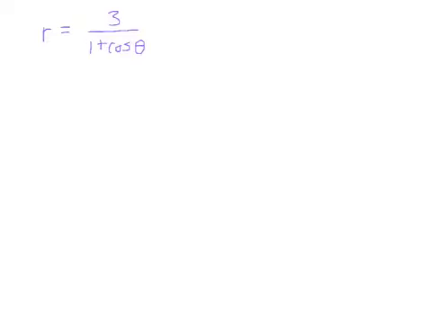Here is the next equation, which is r equals 3 over 1 plus cosine theta. Well, we know that x equals r cosine theta. So it would be nice to replace that cosine theta with an x. So in order to do that, we can multiply both sides by 1 plus cosine theta.